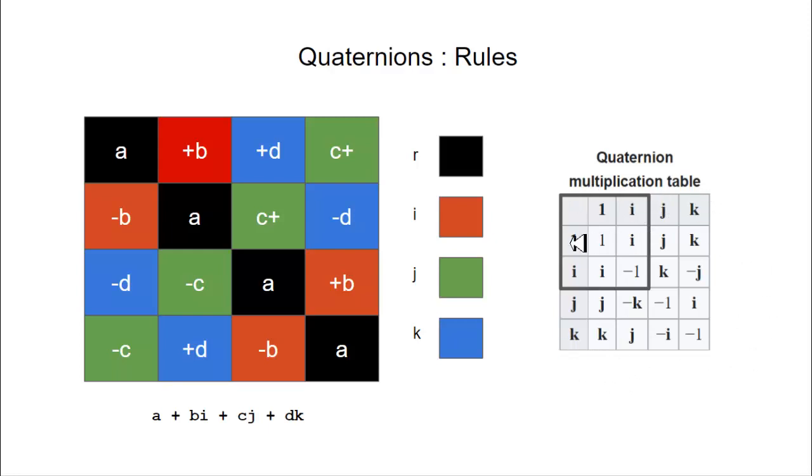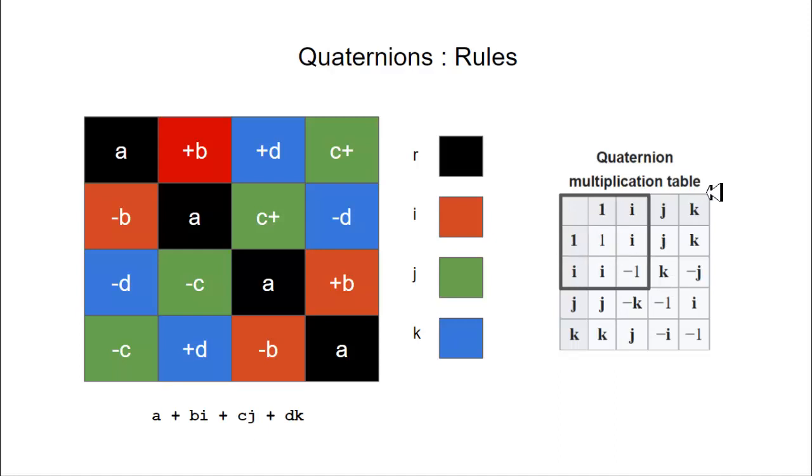The rules are really just: 1 times 1 equals 1, 1 times I equals I, 1 times J equals J, 1 times K equals K, and vice versa. And I times I equals minus 1. Those are the rules of the 2 by 2 matrix complex numbers, and that's all there are.